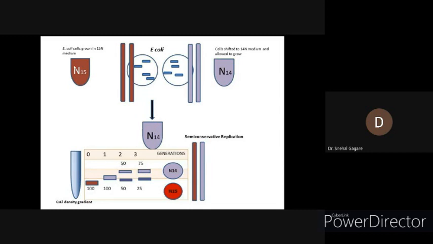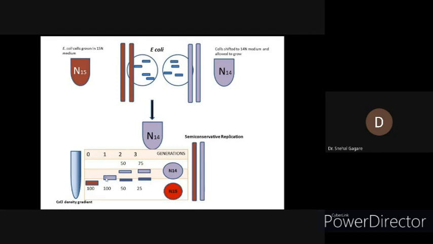Then after specific intervals of time, cesium chloride density gradient centrifugation was done. That is, DNA was extracted and centrifuged in the cesium chloride density gradient of different densities of cesium chloride. So in the beginning, all the molecules are N15, so 100% of the band is formed at the bottom.